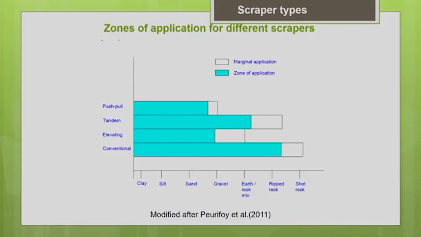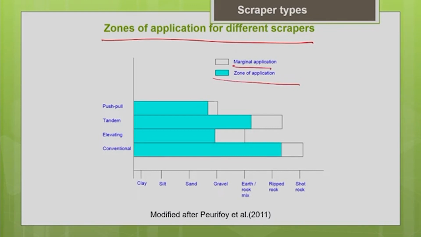Now, let us see the zones of application of the different scrapers. You have to select the scraper based on the type of material at your project site. In this picture, blue indicates the zone of application, and white indicates the marginal application of the particular scraper.